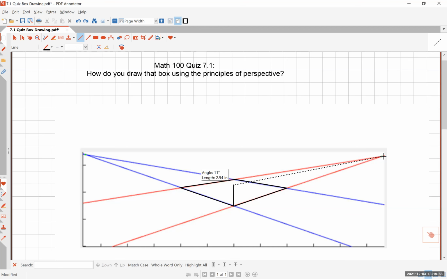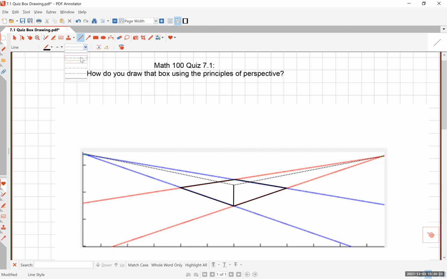I'm going to draw this dotted line so I can draw on top of it later. The same thing on this side: I'm going to draw this line to the left vanishing point. Those two vanishing points are at the same level, which is the level of your eye. These are the guiding lines for you to follow when you draw your line.